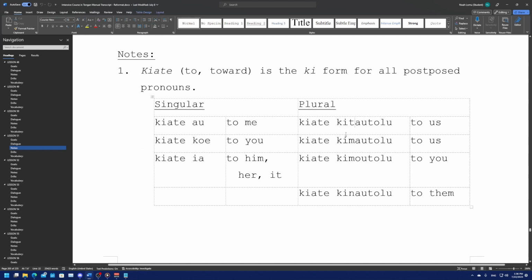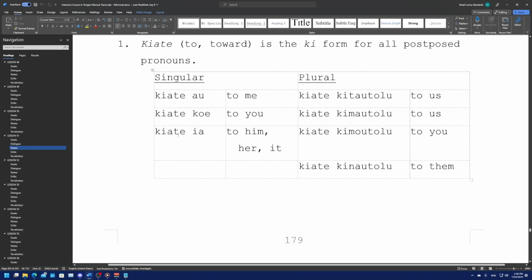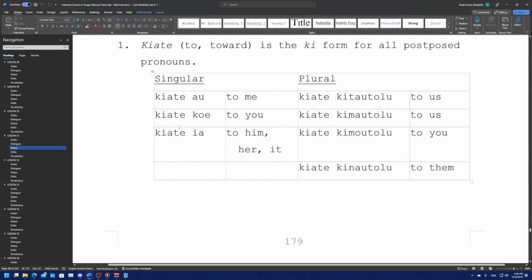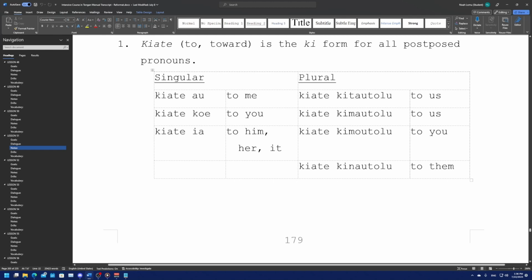Formally and in writing, you always say kiate au, kiate koe, kiate ia, and kiate kitautolu. But these ones are all very long, just to say something in English like to us, to you, to them.